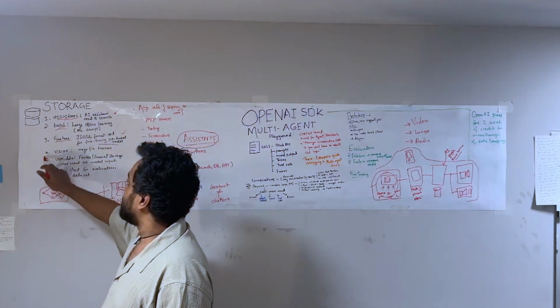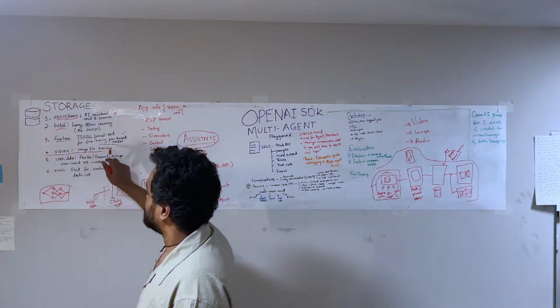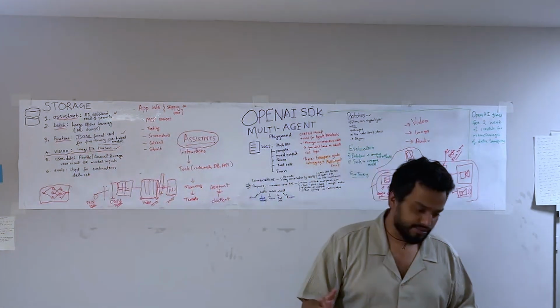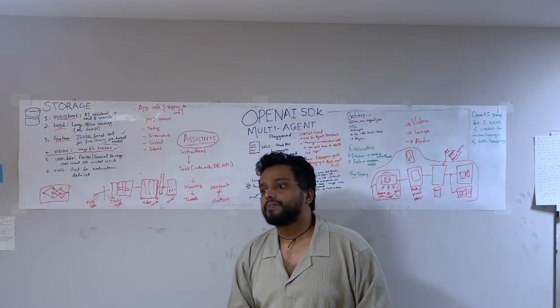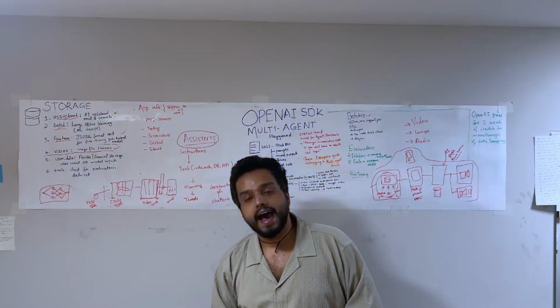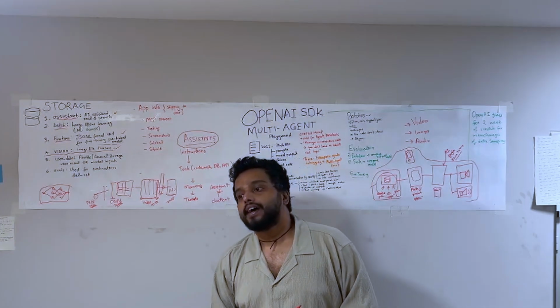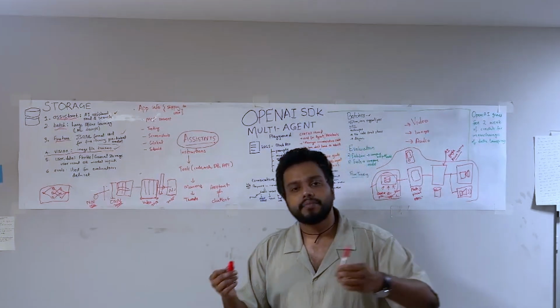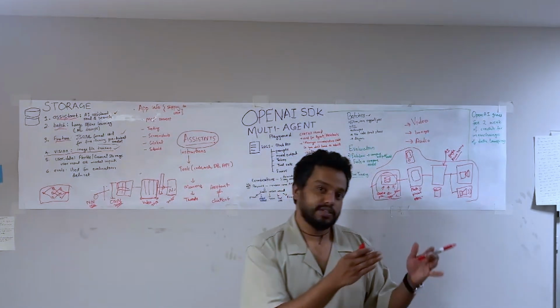Now there is another type of storage known as vision storage, or image file trainer. Let's say I am creating a farmer-specific app.